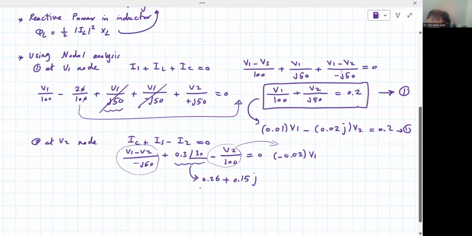Then plus V2, and V2 will be 1 over 100, which is 0.01, minus, not minus 1 over J50, that will be positive.